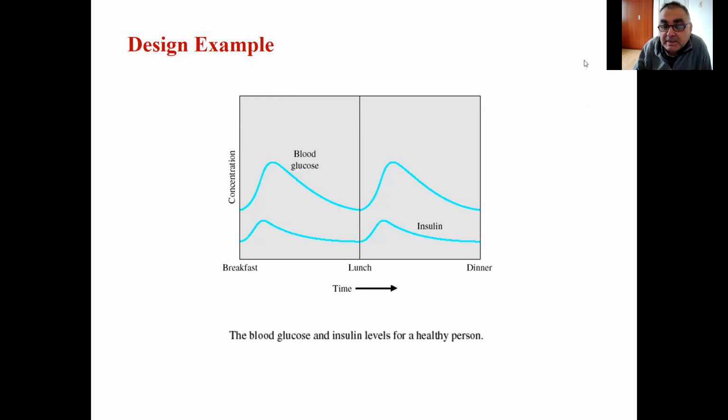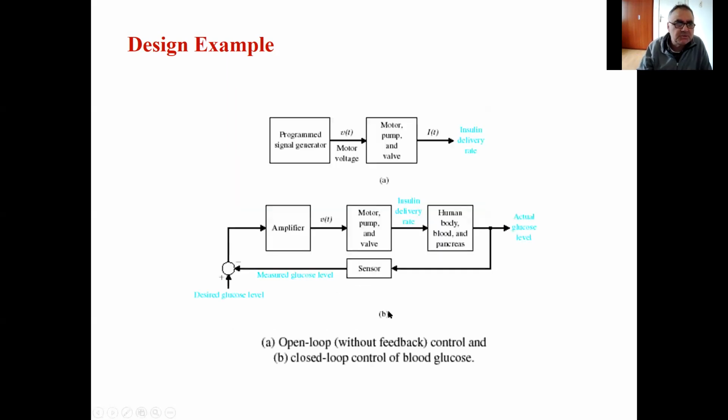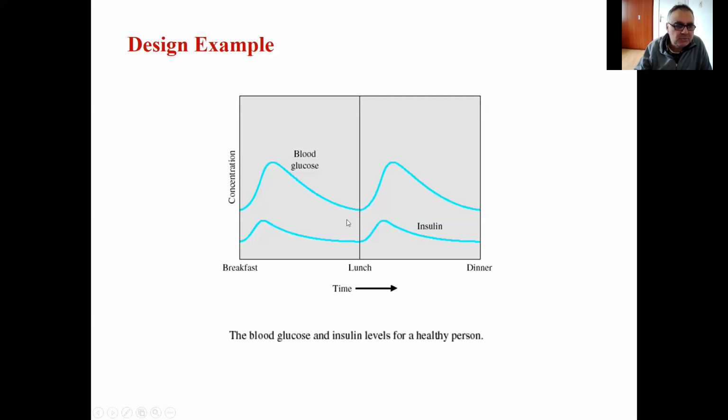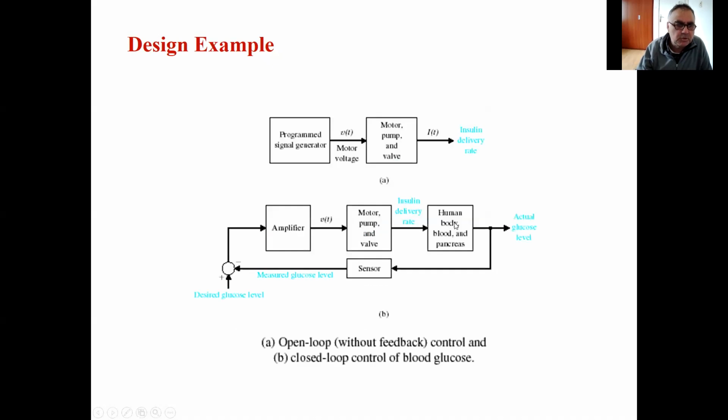So this is the blood glucose level and the insulin level of a healthy person. But for a diabetic person, this cycle does not work. So what we do is we have a human body. There is a motor pump and valve, and there is an insulin sensor.